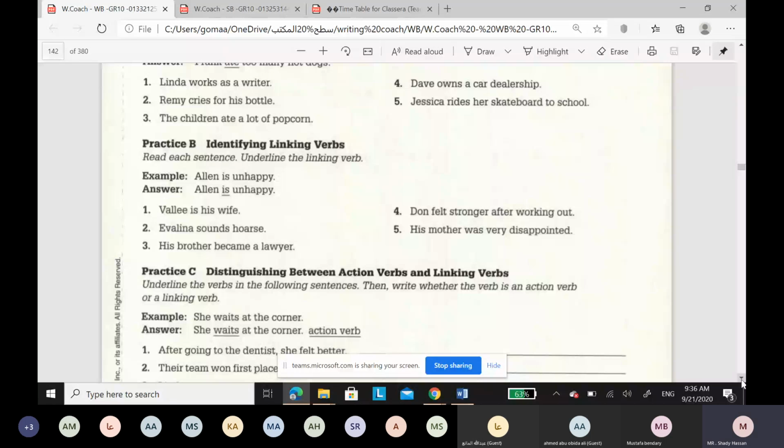Is the linking verb in here Don? Is it felt? Is it stronger? Is it working? Felt. Thank you. Number five, his mother was very disappointed. Is it mother? Was. Yes, it was.